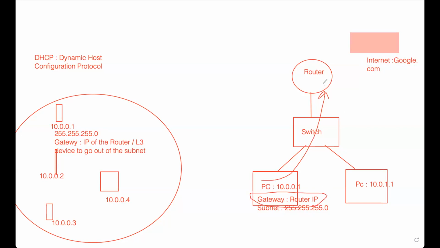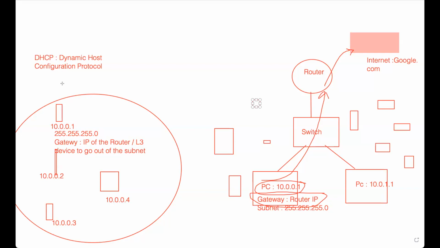And the router will send that packet outside to google.com, outside of your network. But the IP address that we configured here is a manual IP. But let's say you have 10,000 PCs in your network. Is it feasible to configure IPs for each device? No, it is a manual process. So to avoid that, we will do dynamic allocation of the IP addresses using the DHCP server.